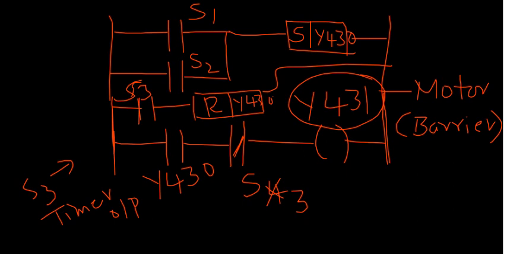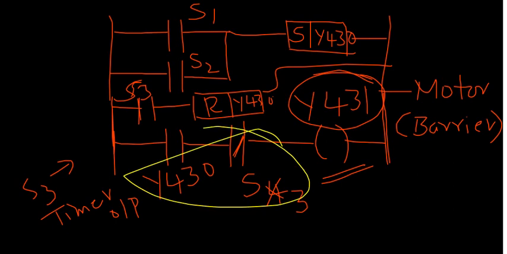So there are different schools of thought for writing this ladder diagram, but this is a must: S1 and S2 in parallel. Based on that, you are setting the coil. Setting of this coil activates the output, and resetting of this coil will deactivate the output.